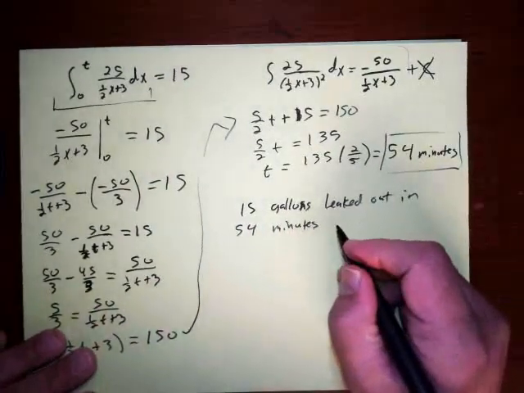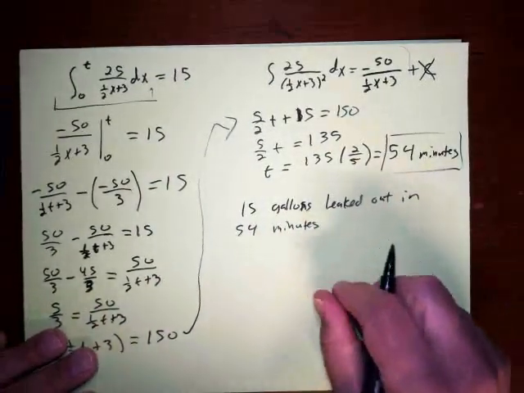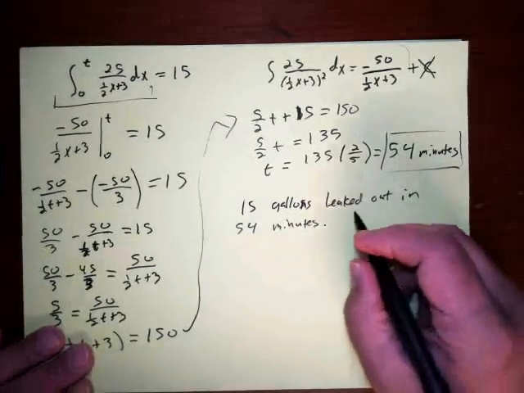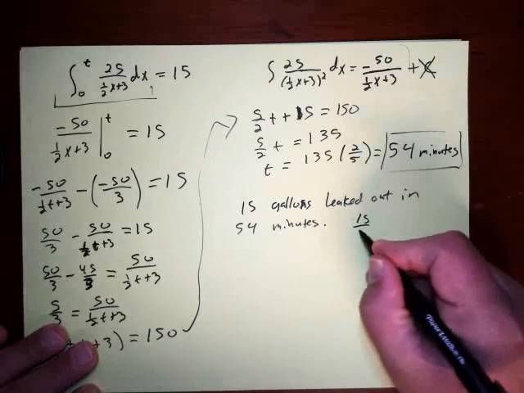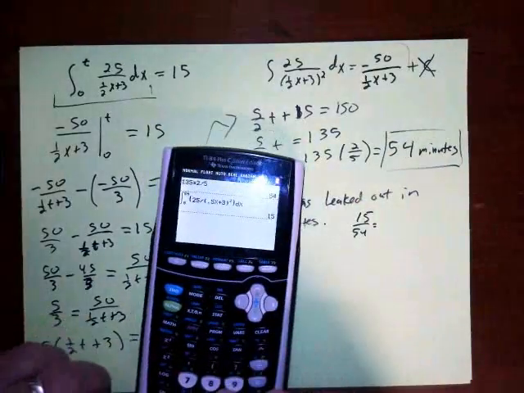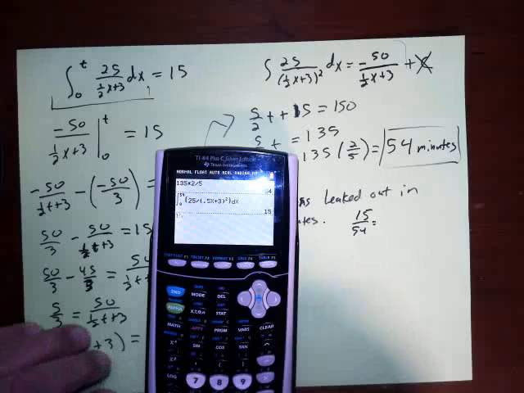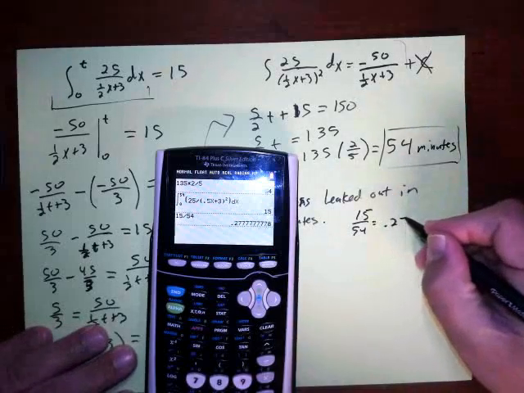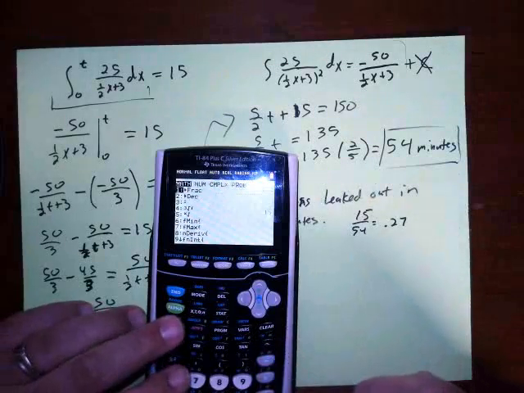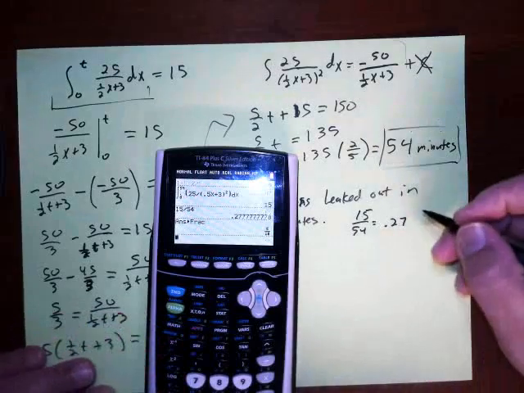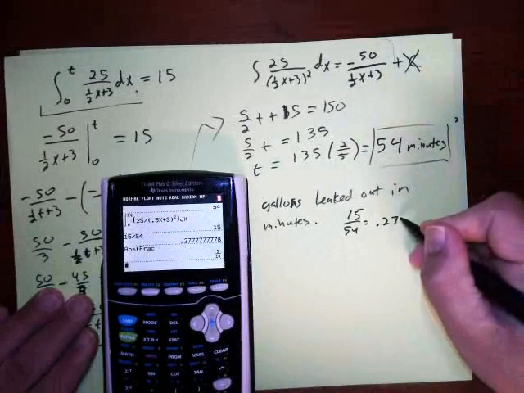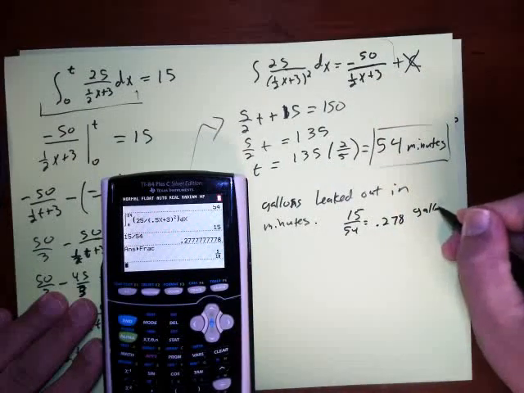That would mean you would have 15 divided by 54, which is about 0.27 repeating. What would the fraction be? It's 5/18. So 0.278, we'll just write it like that, gallons per minute.